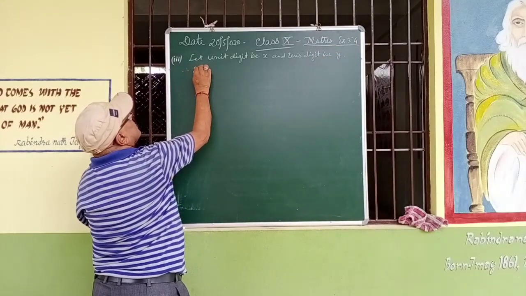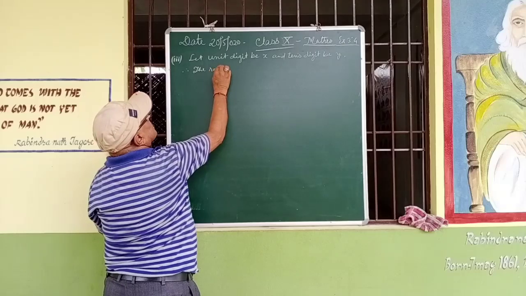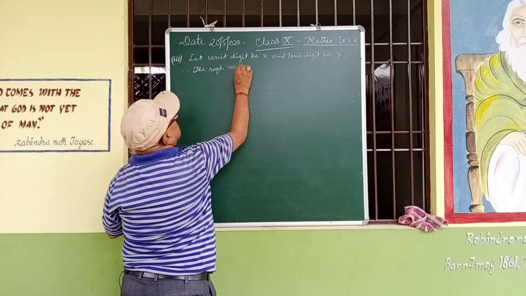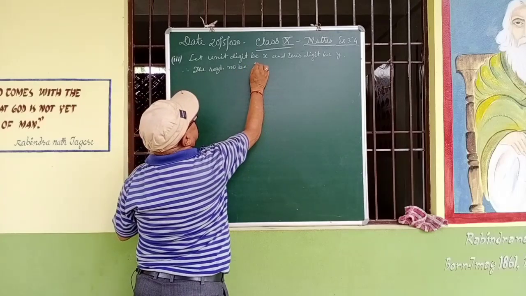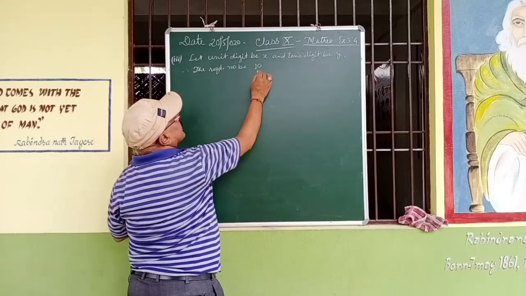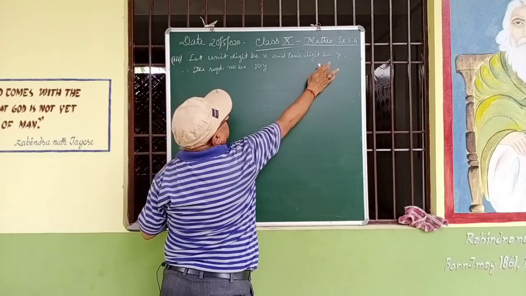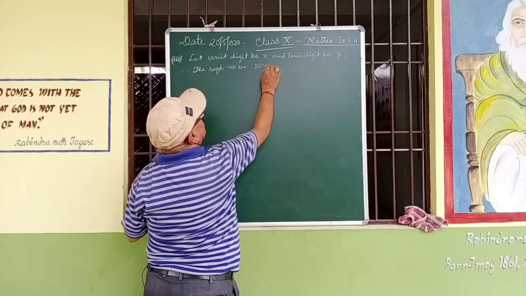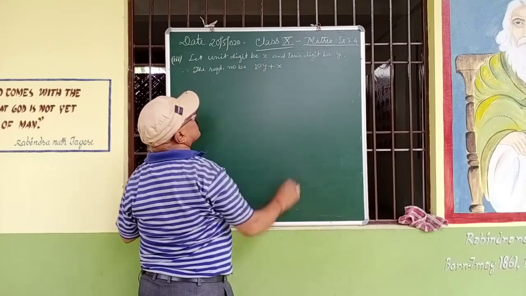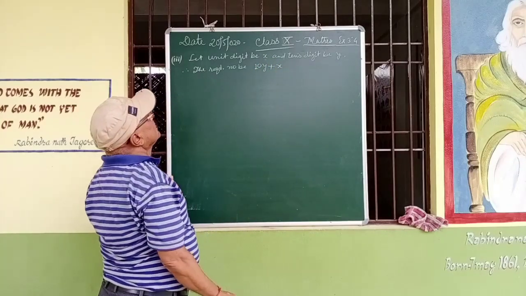Therefore, the required number will be, with the tens digit y we multiply by 10, so 10 into y plus the unit digit x. So it is our required number.